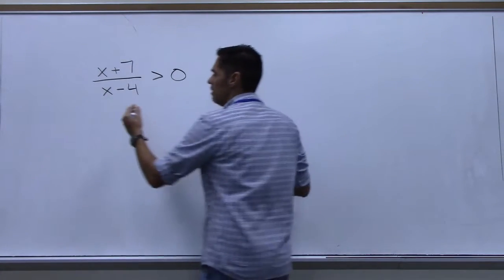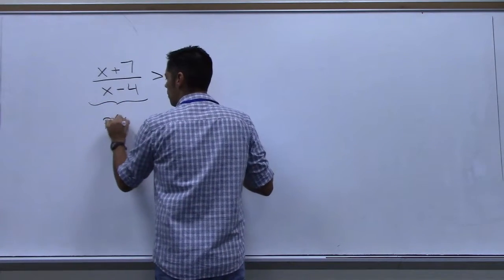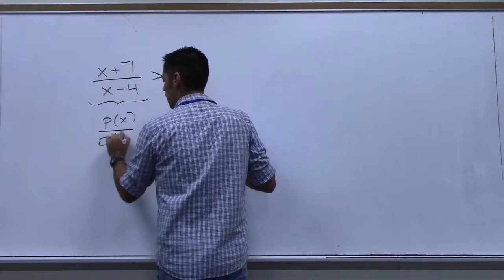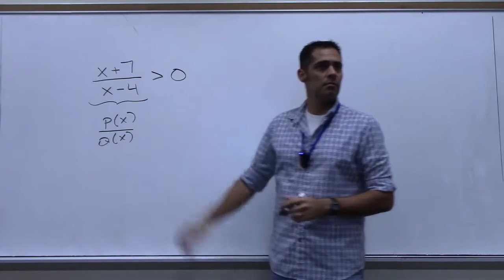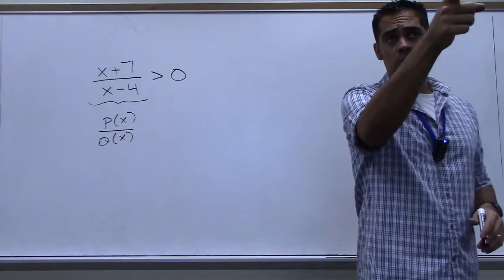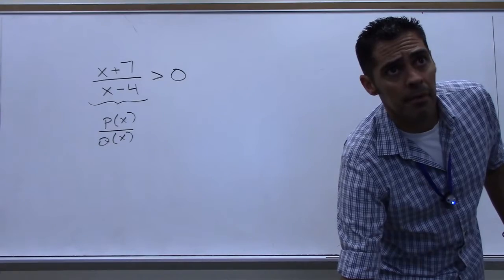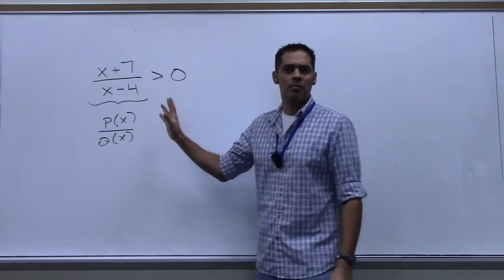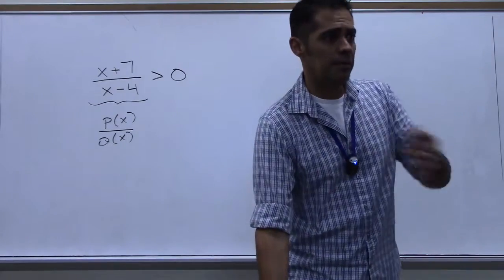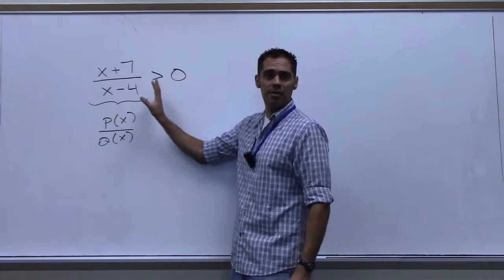This left side needs to be written in the form P of x over Q of x. So you have two polynomials in a ratio like this. What did I put under there at the very end of step 1? This step may require getting a common denominator. In this problem, we don't need to do that. But in a future problem, we will possibly have to get a common denominator when we move everything to one side. You'll see.